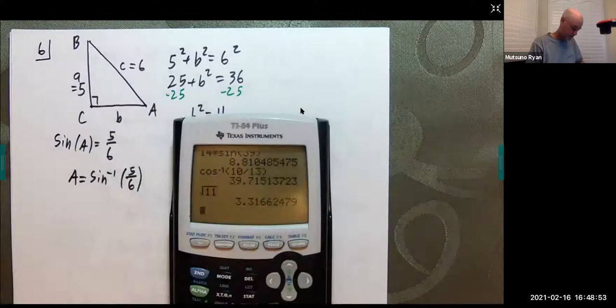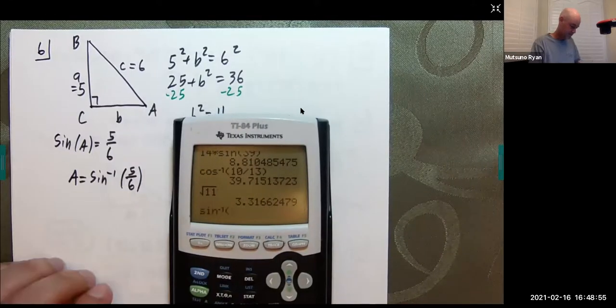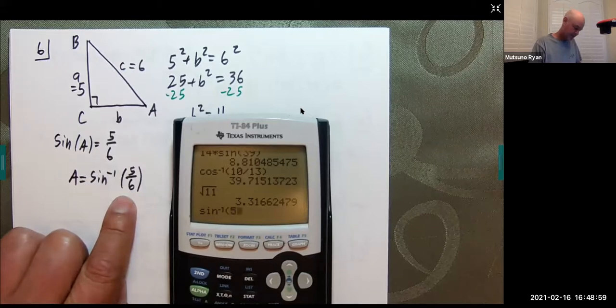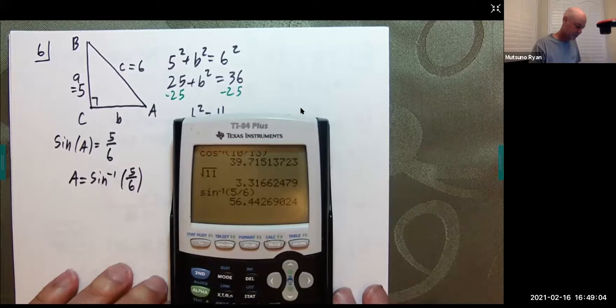So here we go. Inverse sine, sometimes called arc sine, of 5 divided by 6, is 56.4427.